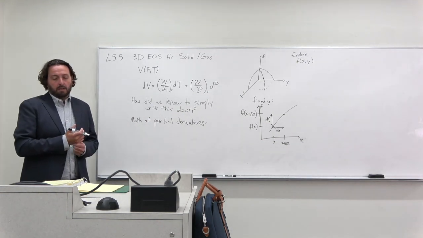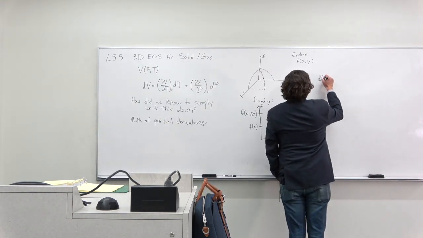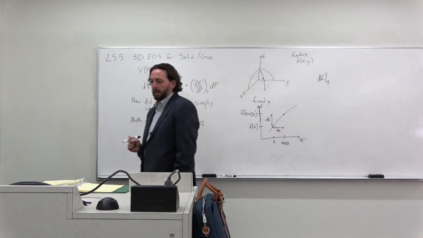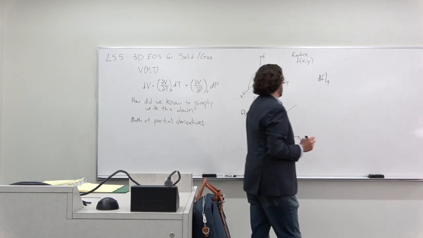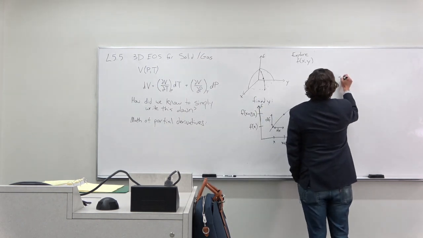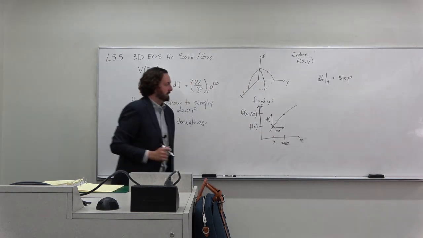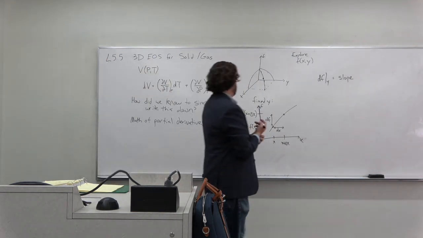So if we want to know what df is, evaluated at a fixed y, well, that's simply the slope of this line times dx.